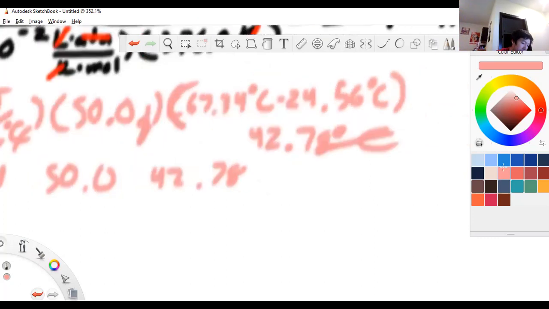Take it to 3 sig figs, we're left with 8,500.